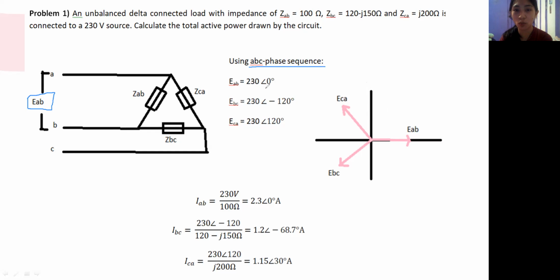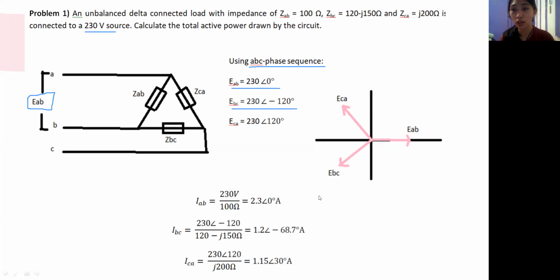So EAB is 230 angle 0, where the 230 is our voltage source. As for EBC, it is at negative 120 degrees as you can see in the graph. And the voltage ECA is equal to 230 angle 120 degrees.